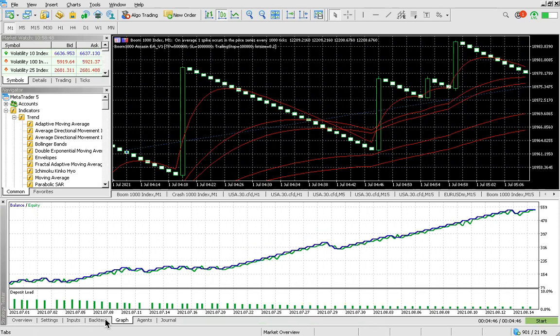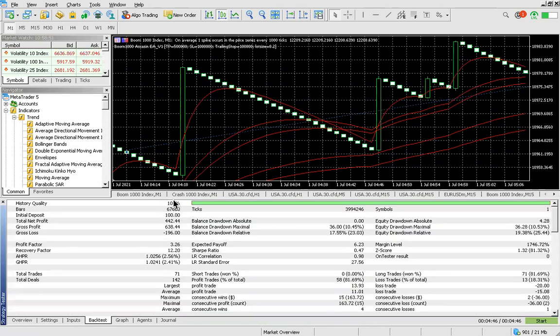So here is the back test, and that's 100% history quality, with an initial deposit of $100, your total net profit is 442 on this particular account.